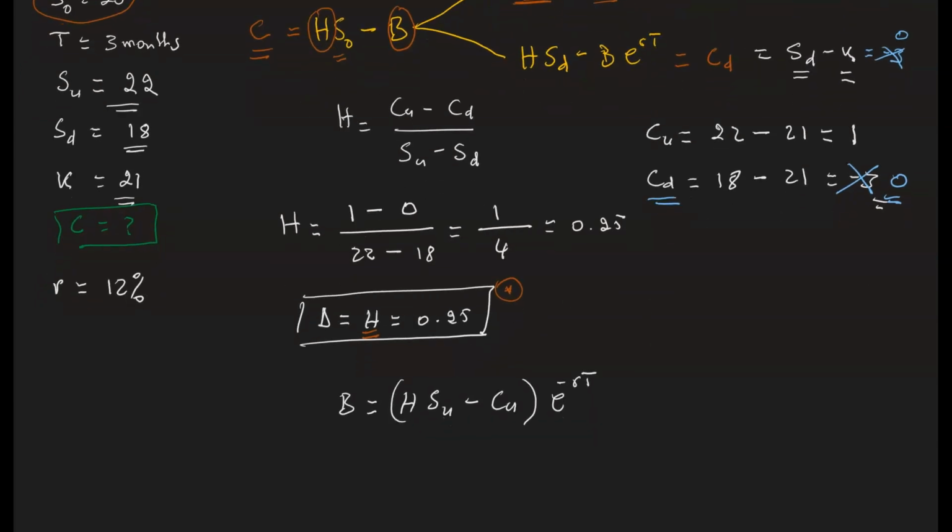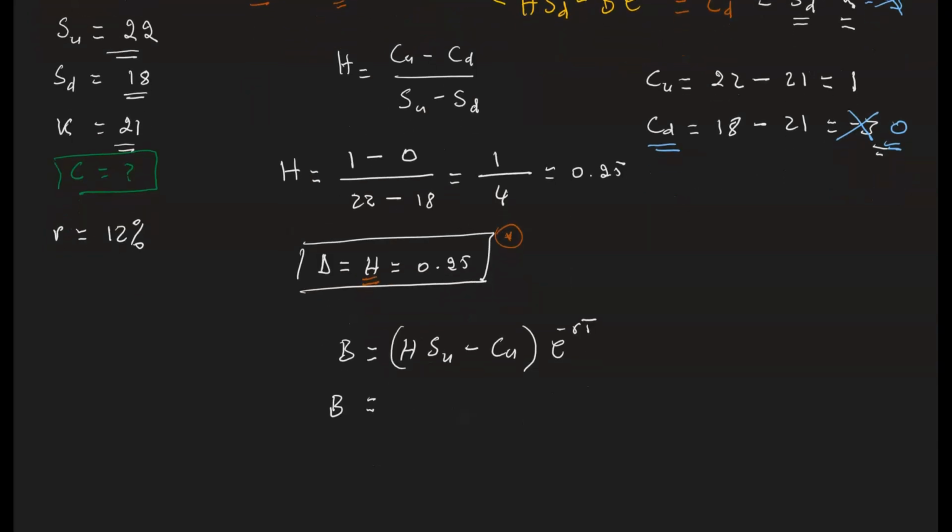So B is going to be equal to, we know what H is, 0.25, so 0.25 multiplied by S up, and S up is equal to 22, minus call up, we just found that call up is equal to 1, and then we take the present value of that, that is exponential of minus 12%, and T is going to be equal to 3 months, and 3 months is 1/4.